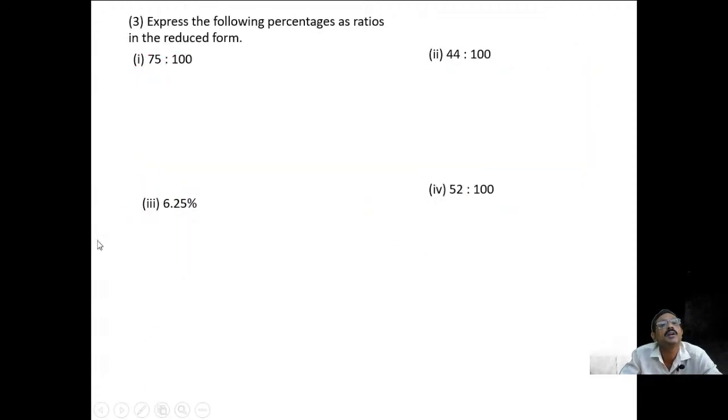The next question says, express the following percentages as ratios in the reduced form. Now if you look, what is a percentage?